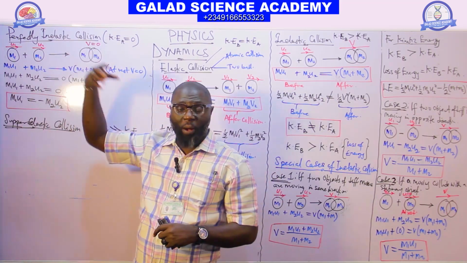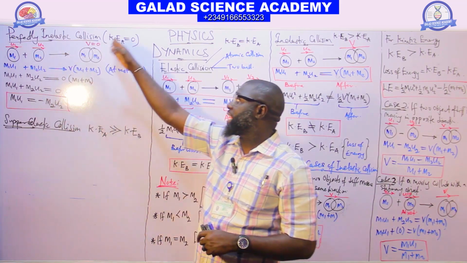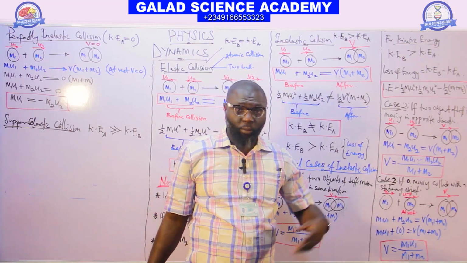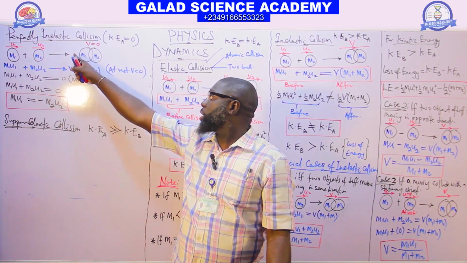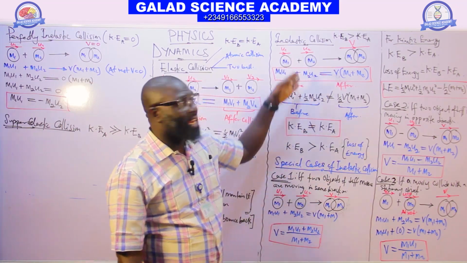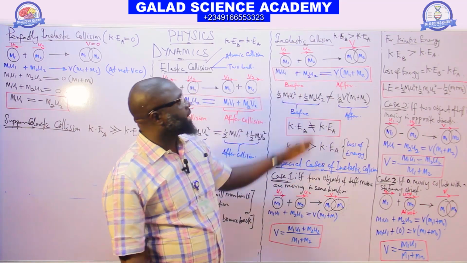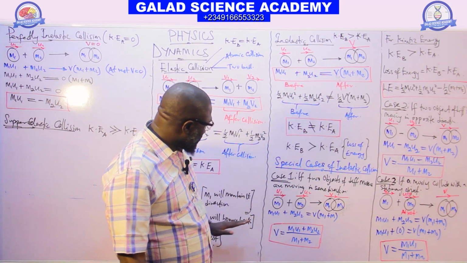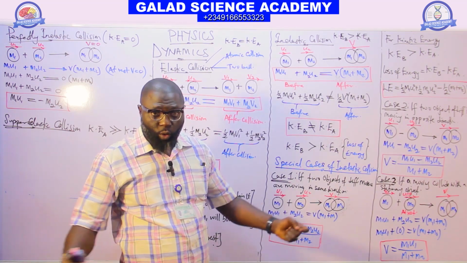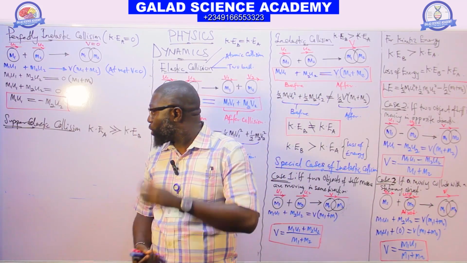The collision between a human body and a bullet, or a wall and a bullet, or a pendulum bob and a bullet, is perfectly inelastic collision. Collision between two moving cars is elastic. Collision between two balls is elastic.